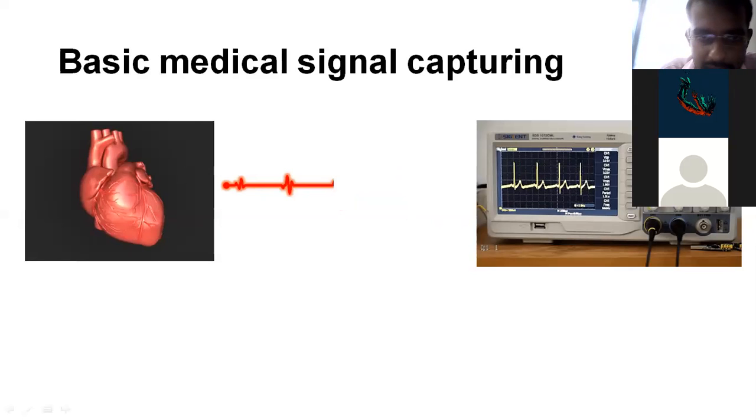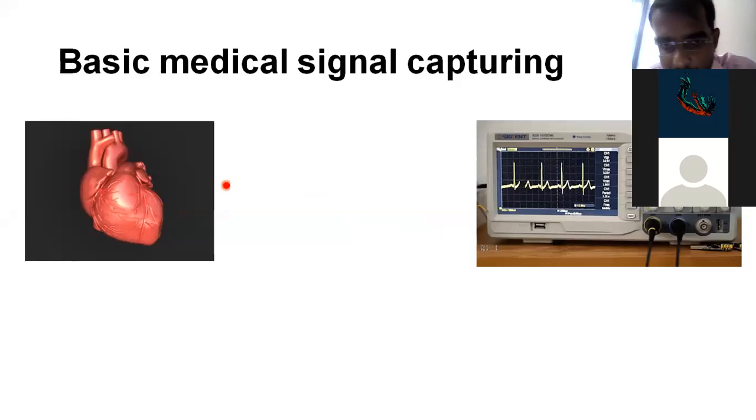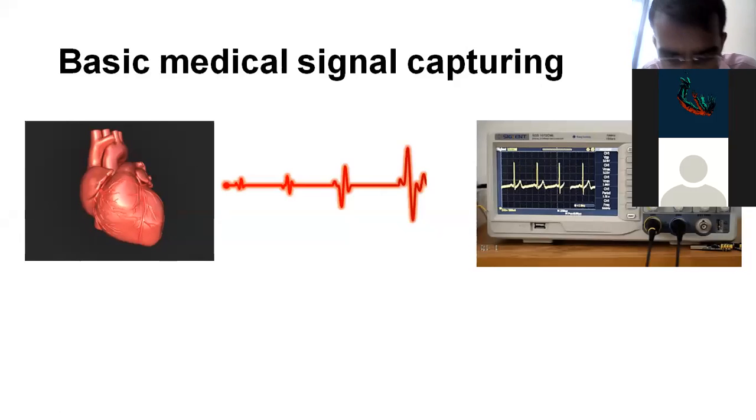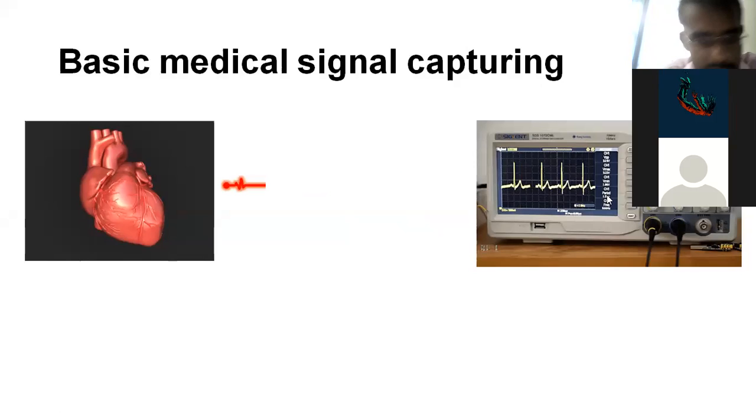So I thought to do it in real. For example, instead of that probe, if you keep a specific electrode in the chest region, it will pick up the electrical signal from the heart. That's the idea of a biomedical signal. What you saw is actually not just noise. It is actually a biomedical signal.